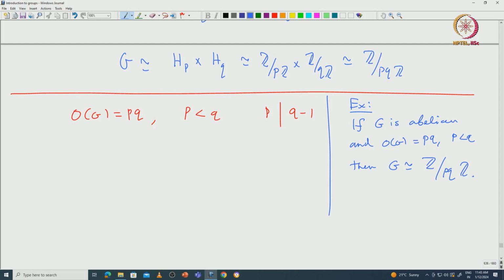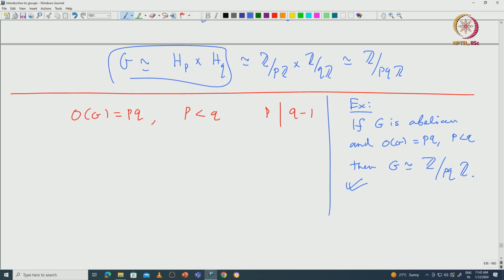You have two elements of G, one has order P, another has order Q. Since G is abelian, both the subgroups that you generate using those elements will be normal in G, and G will be just a direct product of those two subgroups. And since the cardinalities of those two subgroups are relatively prime, G must be isomorphic to Z modulo PQZ.